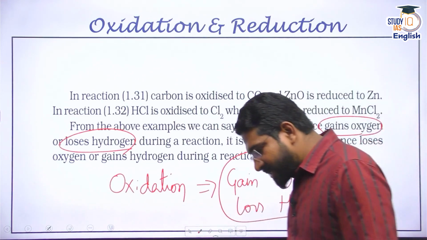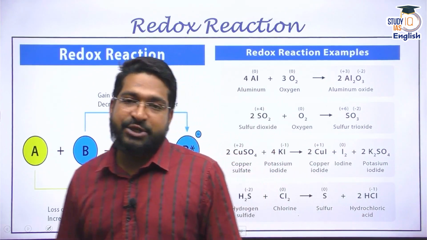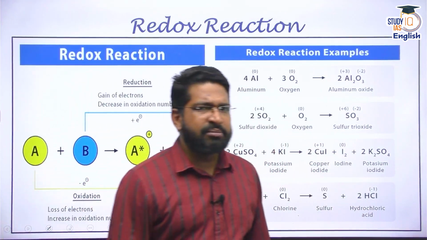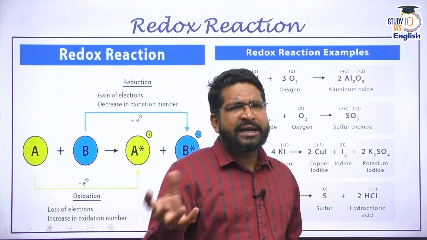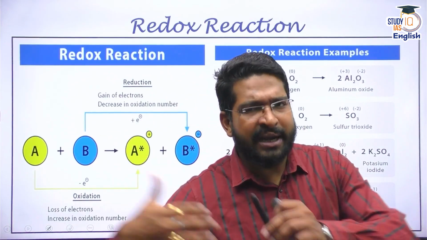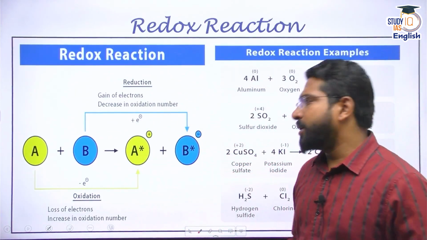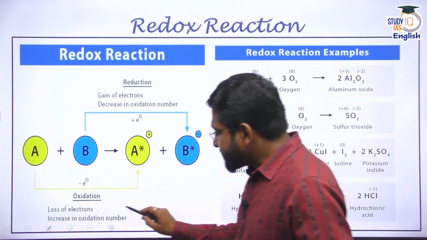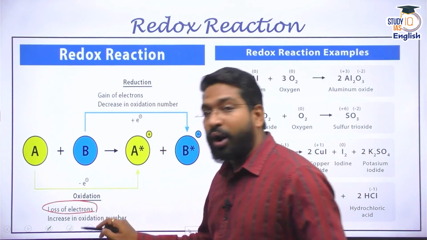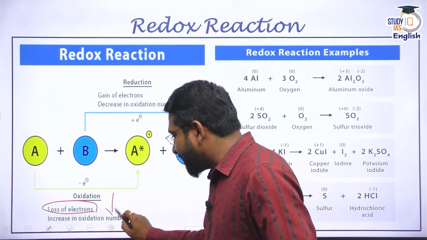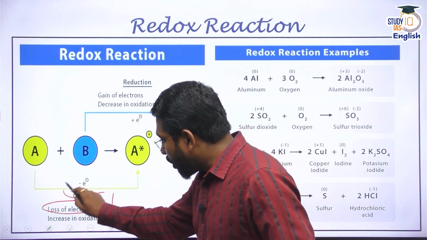Apart from this, there is also an example of redox reactions. Now, redox reactions are not peculiarly connected with oxygen and hydrogen, but we can explain using that logic also. In general, in a redox reaction, whenever there is a loss of electrons or whenever there is an increase in the oxidation number, that process is called oxidation.